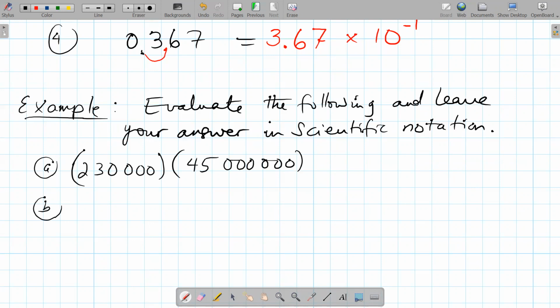B: 7.2 times 10 to 5, and I have 3.1 times 10 to the -4.